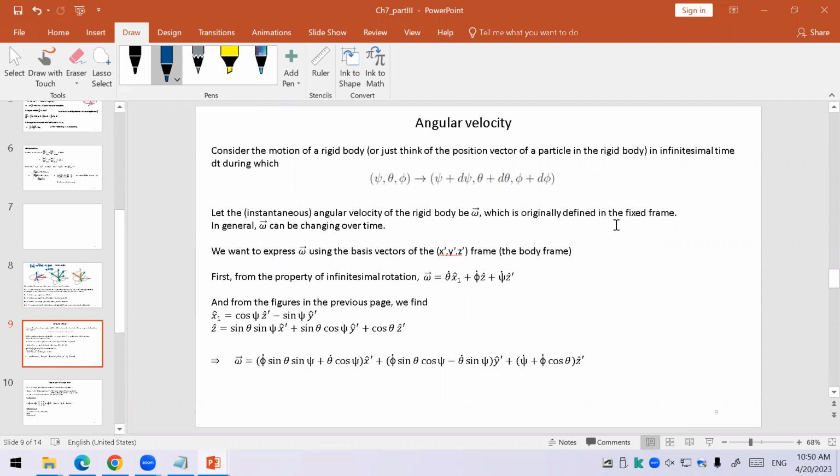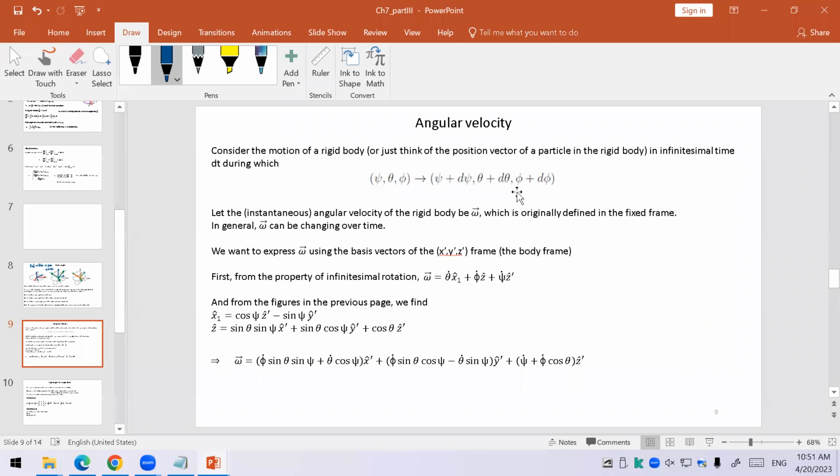Just imagine that the object performs an infinitesimal rotation. Okay, so with these 3 angles, within a very short time, infinitesimal time dt. Right, so that is from t, it is here, and then after dt is what we have over here.